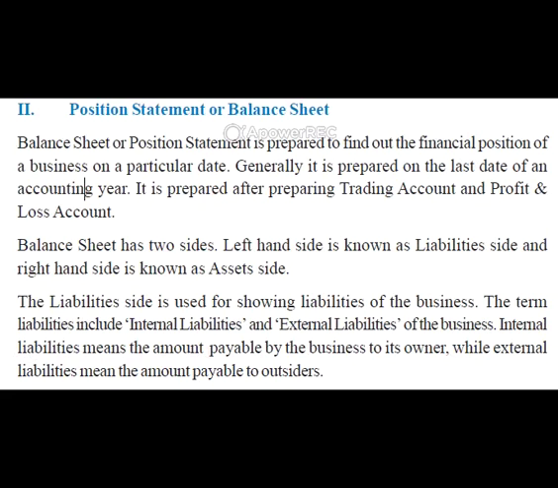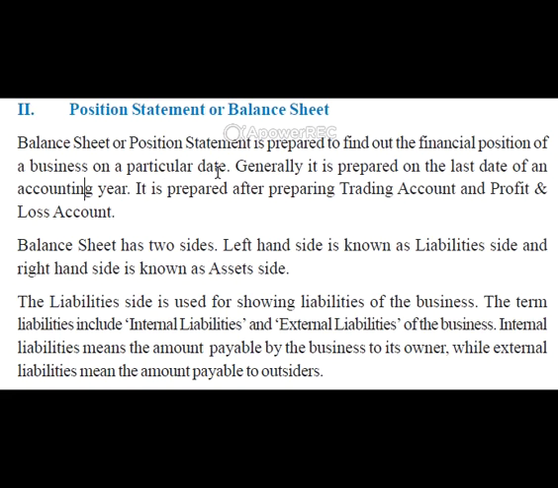In the final accounts, after preparation of the trading account and the profit and loss account, businessmen prepare the balance sheet. The balance sheet is prepared to find out the financial position of a business on a particular date.